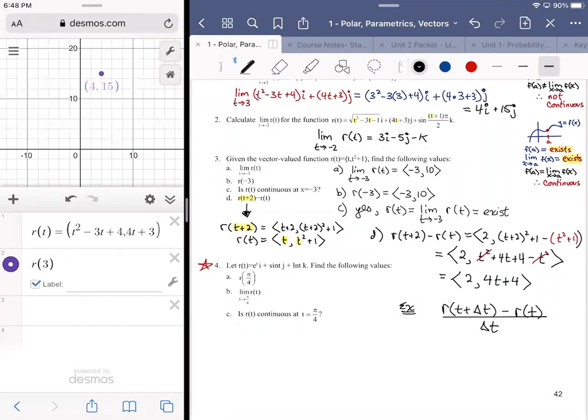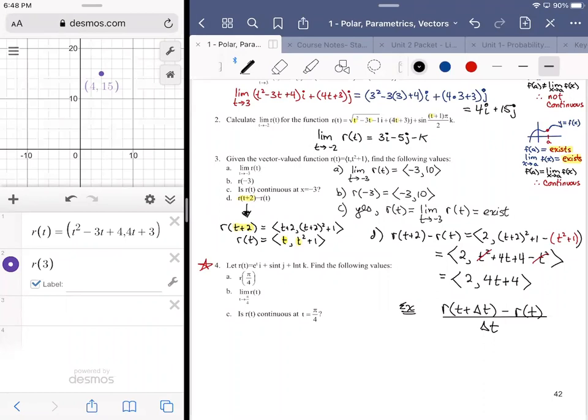All right. So in this case, I'll use the same function, given that R of T is equal to, I don't want to get into that big beefy trig function. I'll do it with the not so beefy T comma T squared plus 1 function. All right.